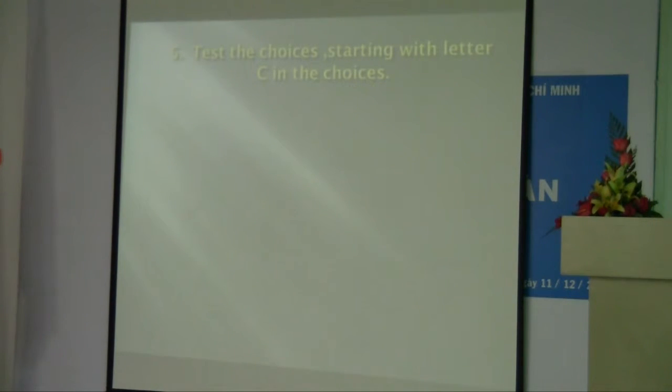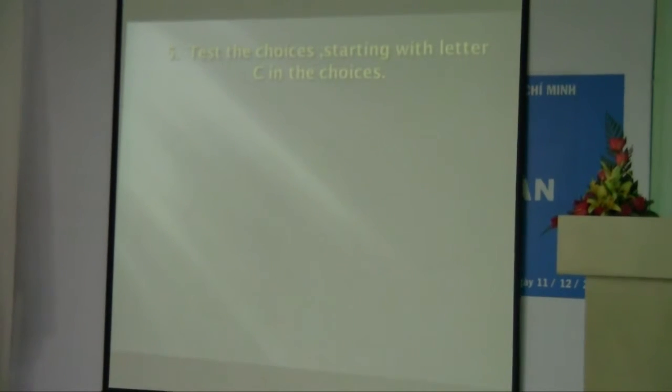Now, this is very common in all the exams or in the test. Test the choices starting with letter C in the choices. Actually, SAT always has 5 choices: A, B, C, D, and E. So the middle is C. So what we're going to do with this type of test, design or make a test so that every time they solve it, they have to eliminate each number or each letter starting with the middle.